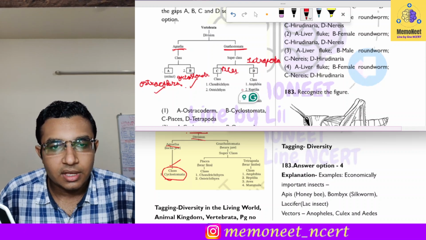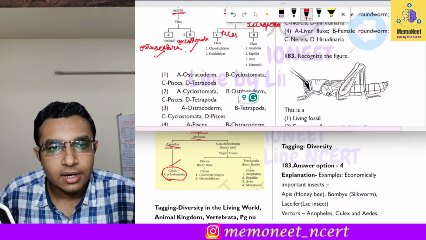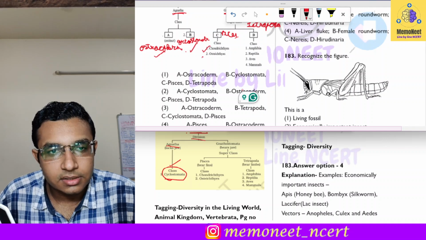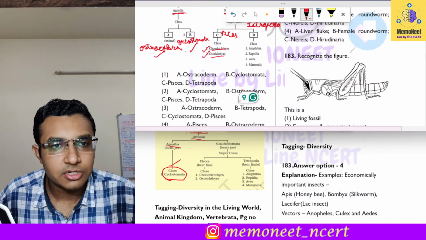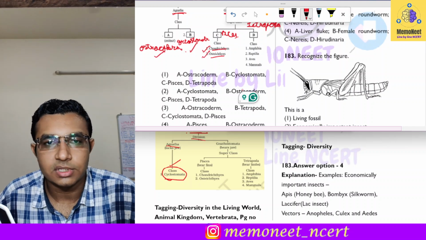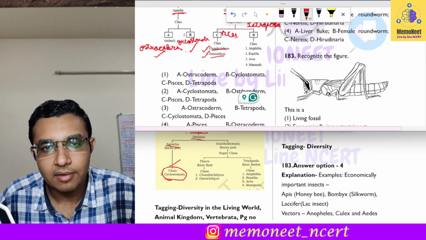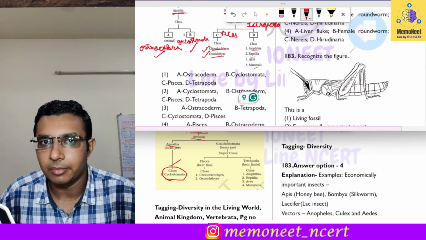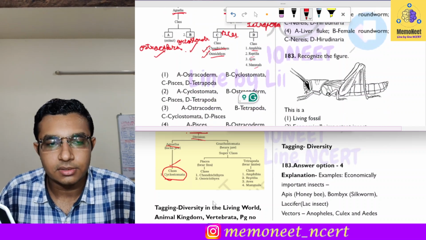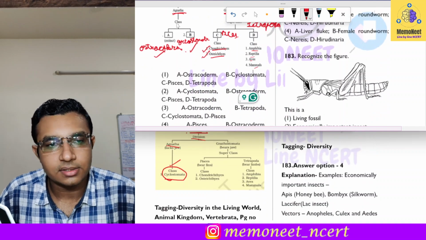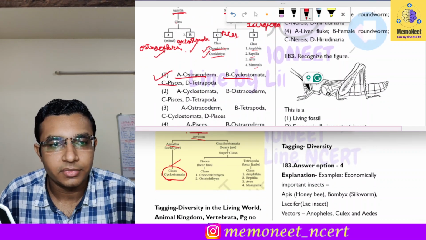Okay, and in the class Pisces, there are two classes, that is the chondrichthyes and osteichthyes. So chondrichthyes are the cartilaginous fishes and osteichthyes are the bony fishes. And in the class tetrapoda, there are these classes, that is amphibia, reptilia, aves and mammals. Alright, so this is how the vertebrata are classified. So in this question the correct answer is option 1. Okay, it shows the correct labeling of them.